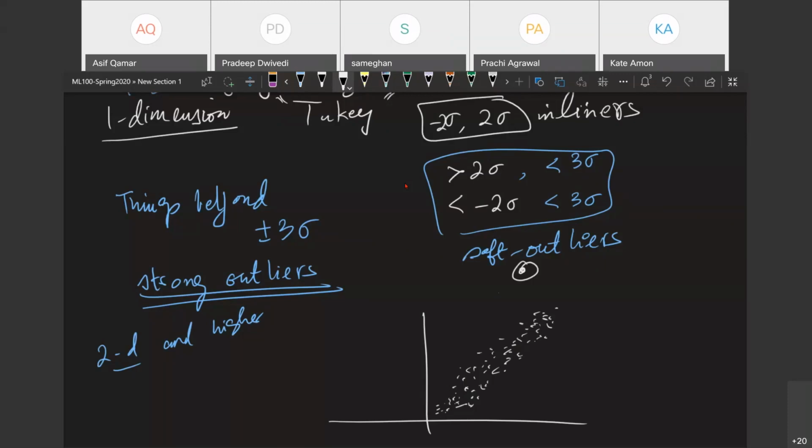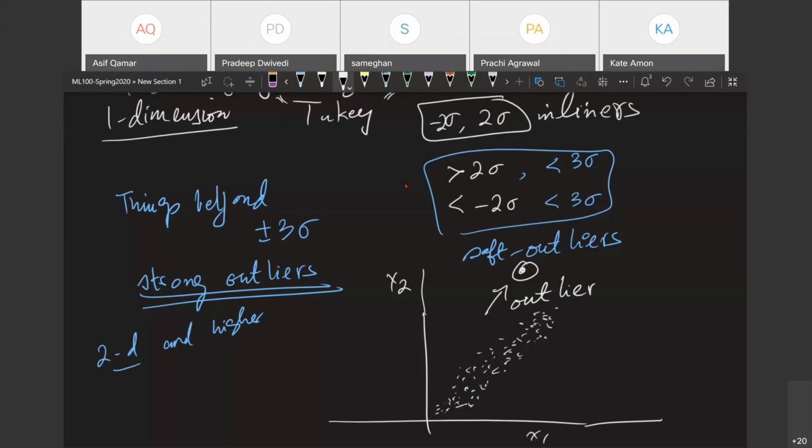What would you call this data? Do you notice that it stands out? The nearest neighbors are a little far off. This would be called an outlier in 2 dimensions, x1, x2. Are we together, guys?